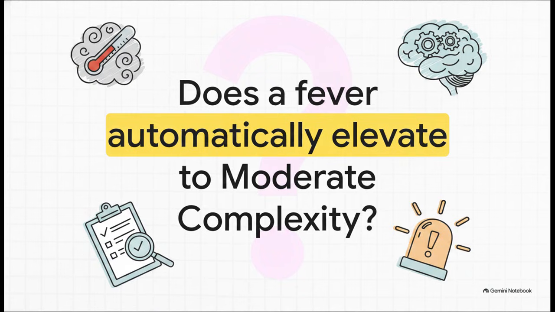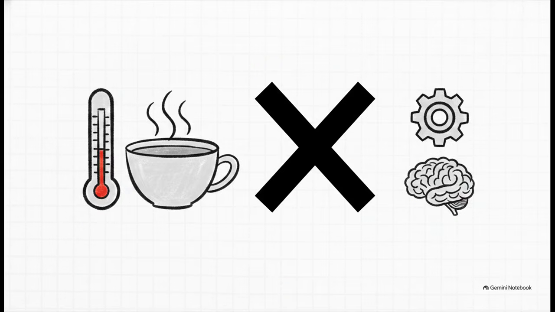Let me pause right here and ask you a direct question to test your knowledge on what we just covered. This is our auditor caution callout. If a provider documents that a patient has a fever, does that fever automatically elevate the visit to moderate complexity just because it's technically a systemic symptom? Think about the intent of the guidelines we just went over. The answer is a resounding no. Absolutely not. This is a trap that is just so easy to fall into.